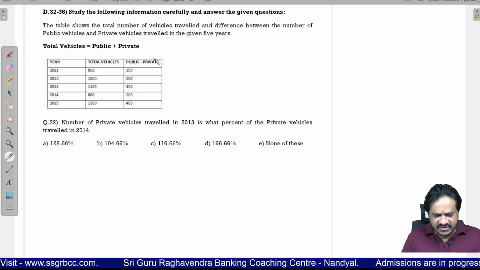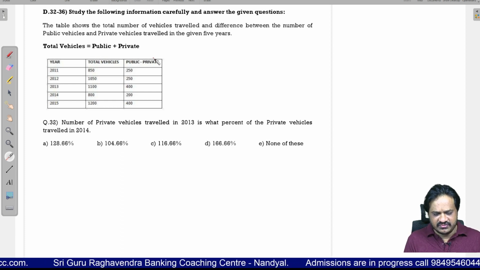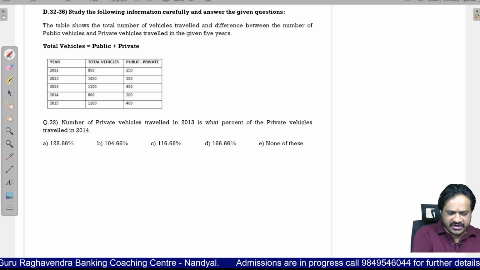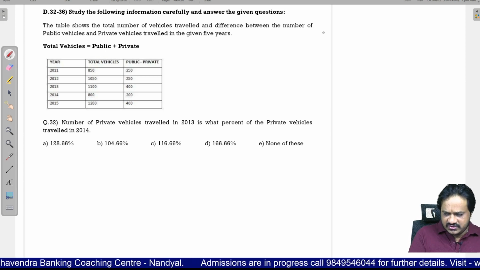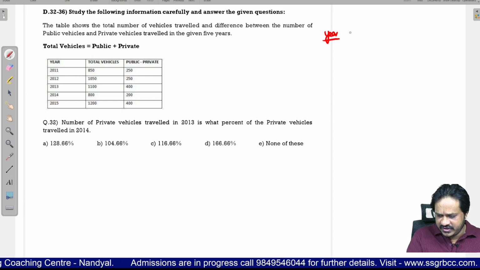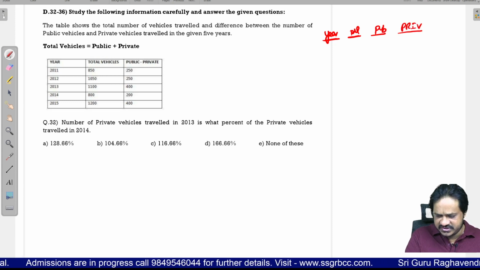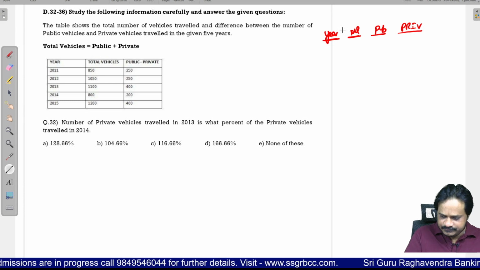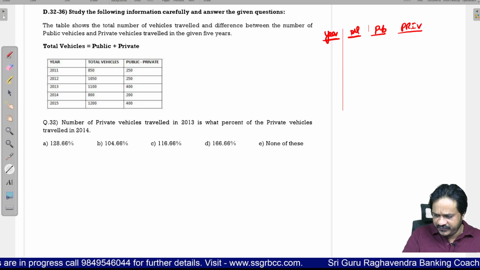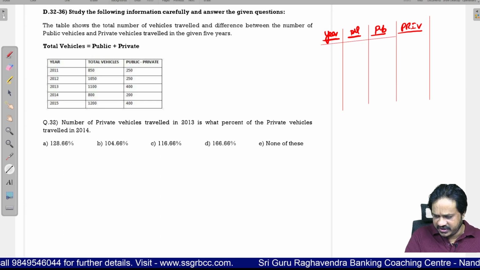Public minus private. So, here it is better if you draw the table. What is the public vehicle count, how many private are there. So, all of you open one table. First one is the year, next one is the total, next one is the public vehicle, next one is the private vehicle.